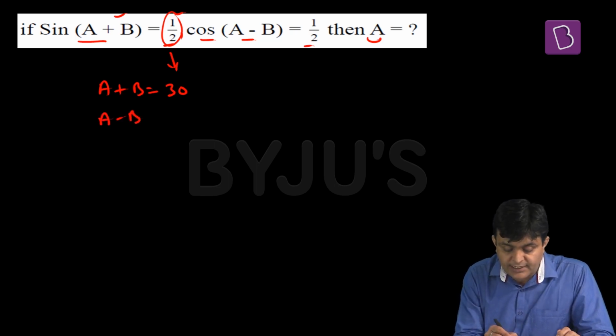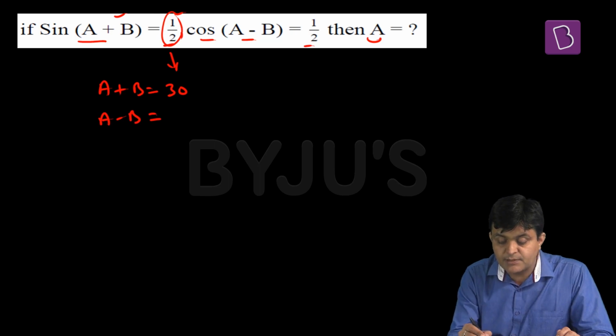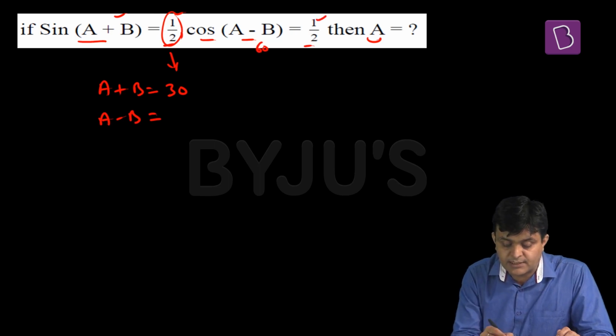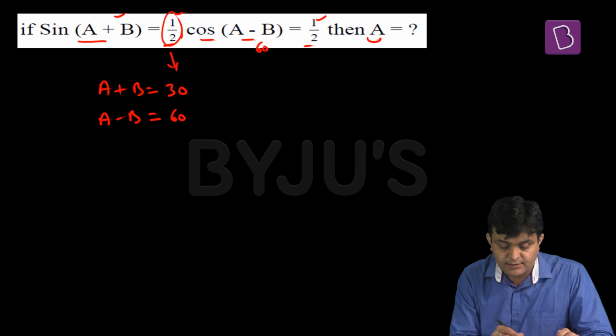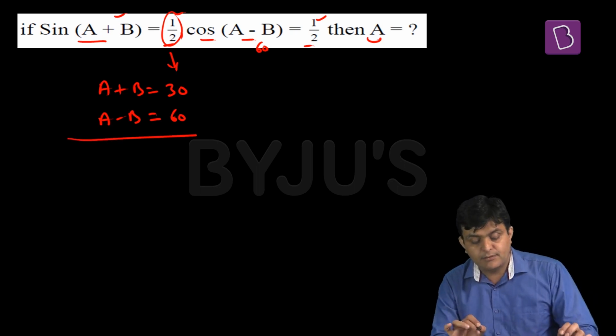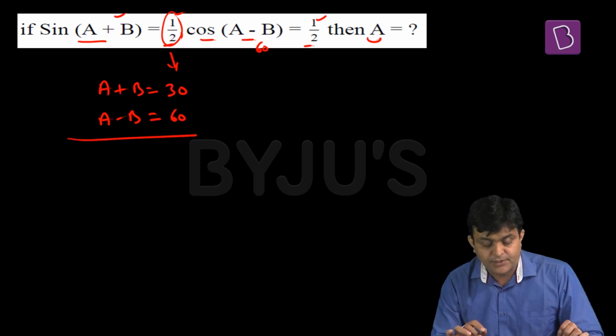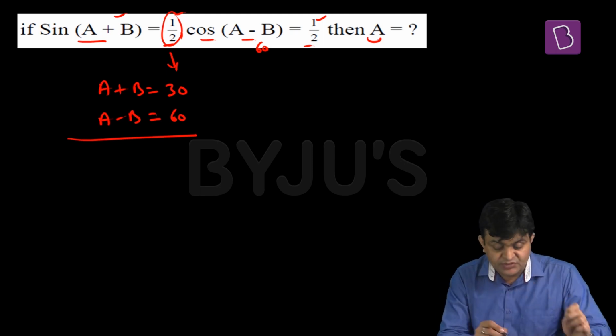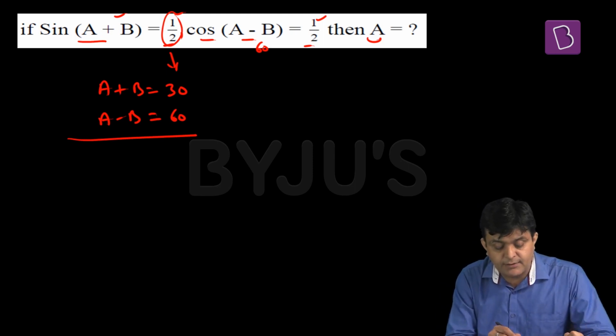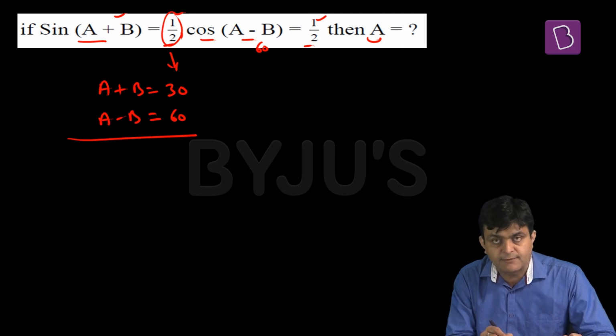Again cos(A-B) is 1 by 2, then A minus B is 60, right? Trigonometry में ये सब correct है. But can we see, sum of two numbers is 30 and difference of those numbers is 60. Here A minus B is 60, it means A is more than 60, and here A plus B is 30, it means A is less than 30.